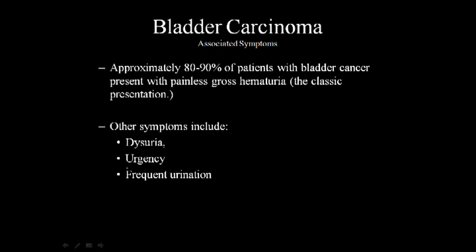So approximately 80 to 90% of patients with bladder cancer present with painless gross hematuria. Notice that hematuria tends to be what we see a lot, and this is called the classic presentation. So typically, patients are going to see just hematuria, and that's what it's all going to be about.